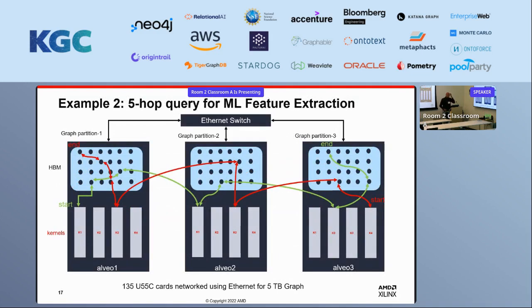Another example is what we are doing for a large US bank. They have this problem of extracting features from their graph of customers, credit card numbers, account numbers, and personally identifiable information such as social security number. Their problem is that, as Michael was talking about earlier, there could be too many applications coming from the same set of IDs, which increases the risk of default.